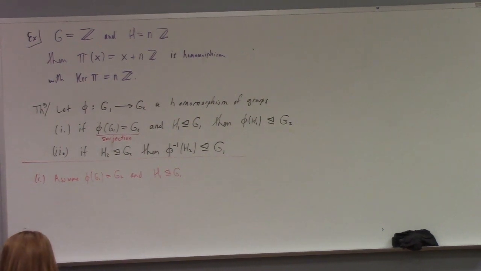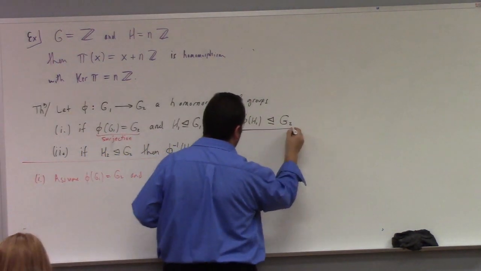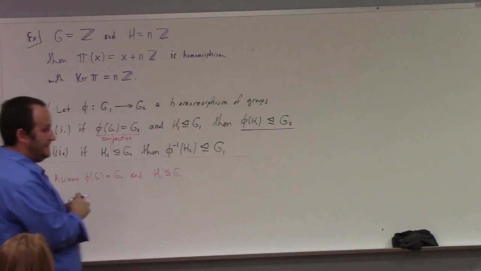I'm aiming to show that the image of H1 is a normal subgroup of G2. So how would I do that?